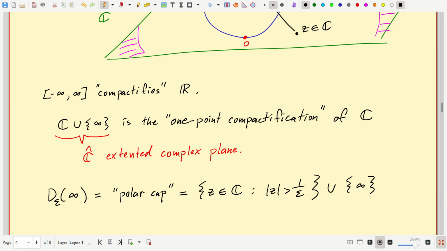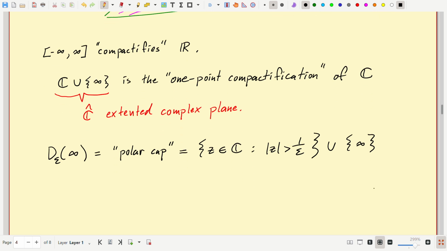That purple shaded stuff outside of a big disk would give me a little tiny polar cap. I think of that as a small neighborhood about the point at infinity, or a small disk. In topology, disks are called balls, even when they're disks, about the point at infinity.